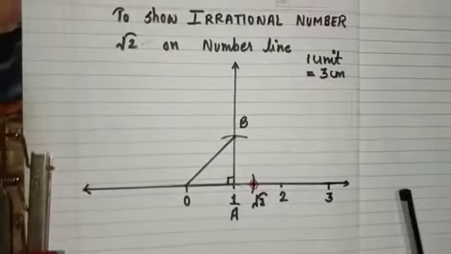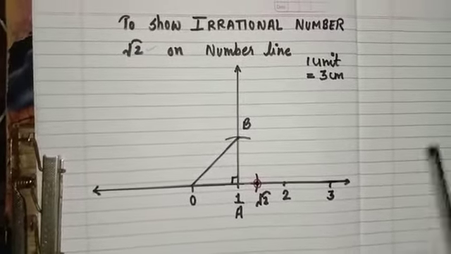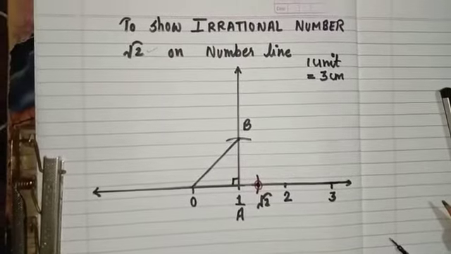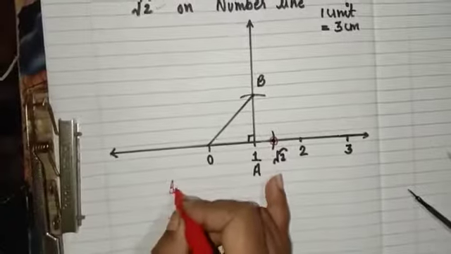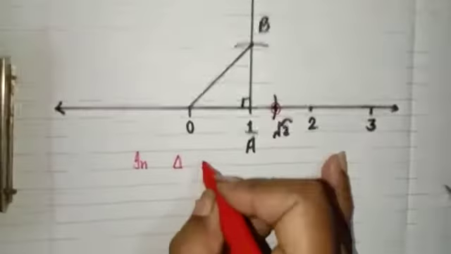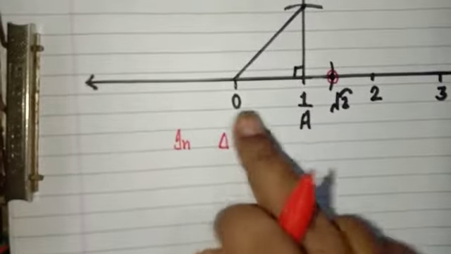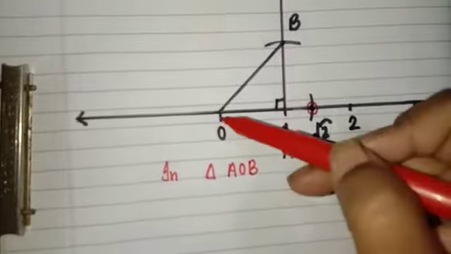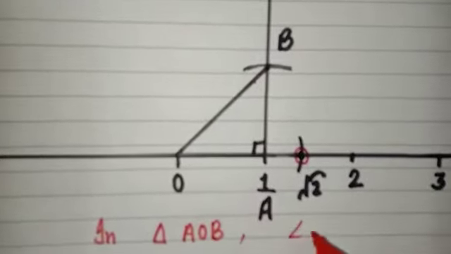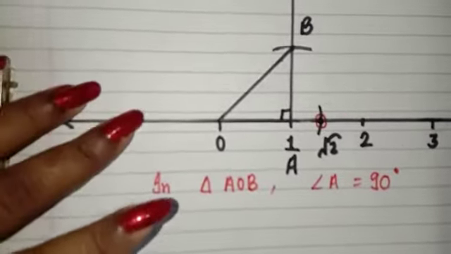Now if you observe carefully, this figure is a right angle triangle. So in triangle AOB, angle A is equal to 90 degrees.